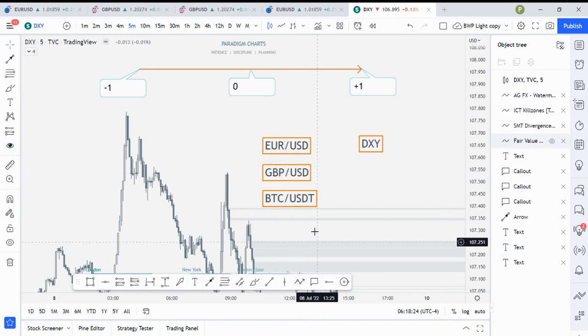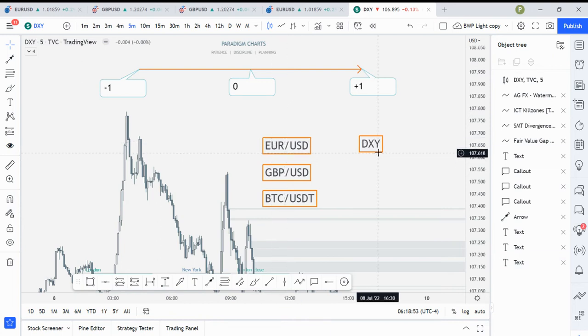Whenever Pound USD goes down, Euro USD should come down. Whatever this does, this should do. That is the correlation between them because they are positively correlated. Whenever Euro USD goes up, Pound USD would also go up. Whenever Euro USD goes down, Pound USD would also go down. That is what it means.